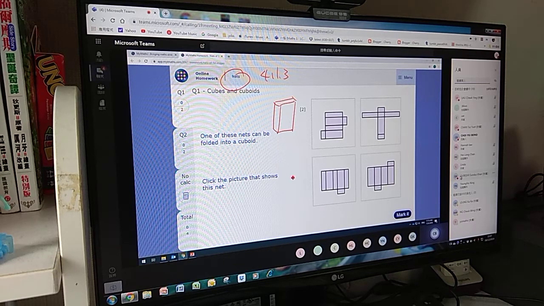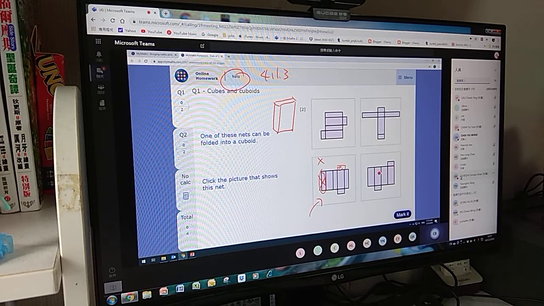Okay, so actually we can look at the diagram one by one. For this one, it's not possible because there are missing top here. Okay, and also this one is useless. Okay, so this one is not the answer.